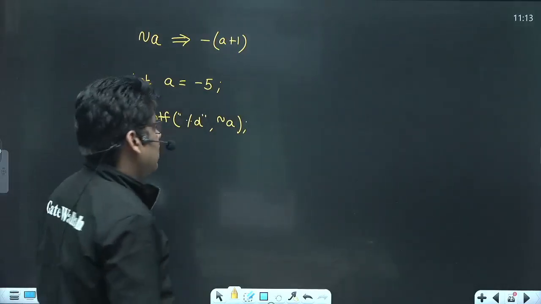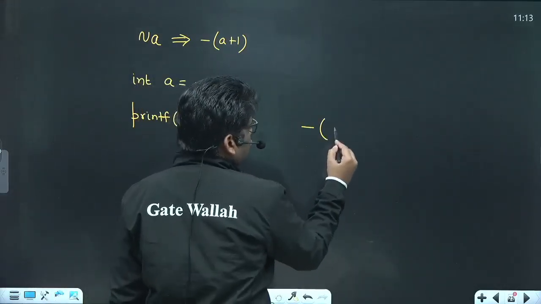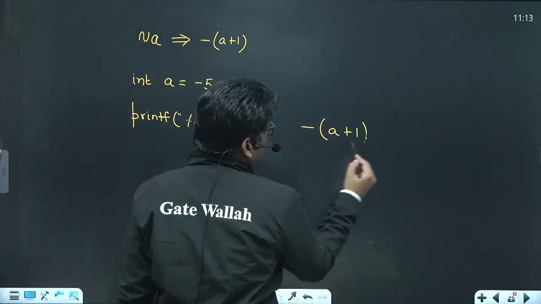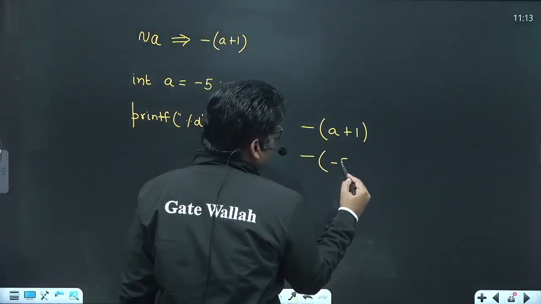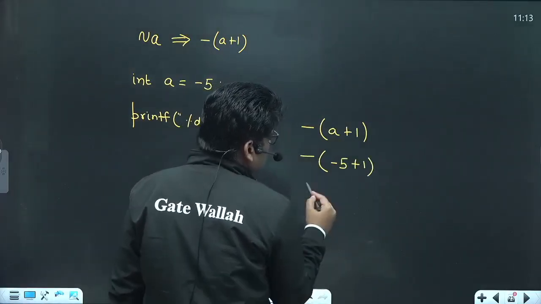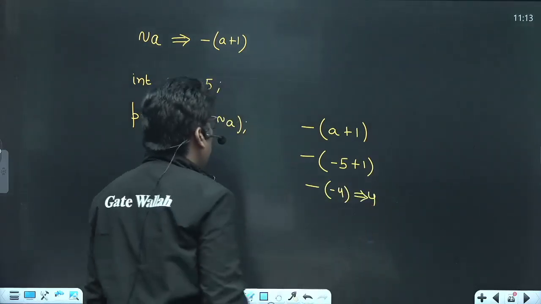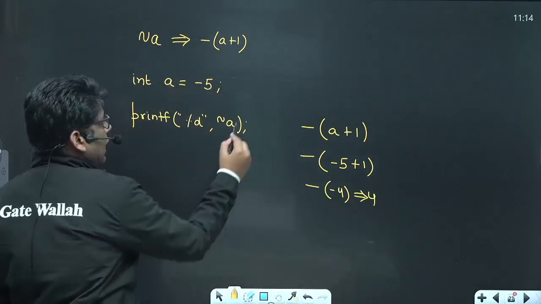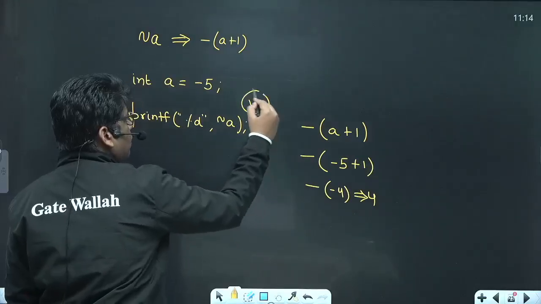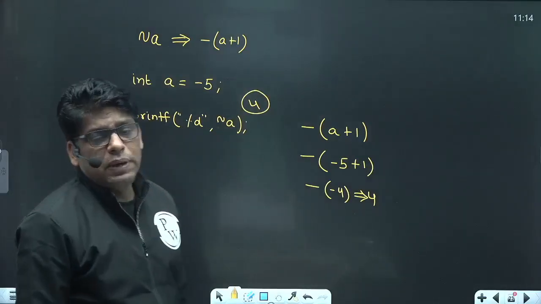The result would be minus of A plus 1. The value of A is minus 5, so minus of minus 4, the answer is plus 4. So that's about the complementation operator.